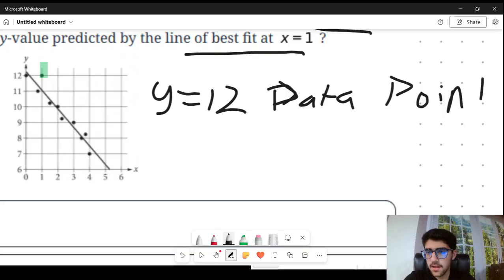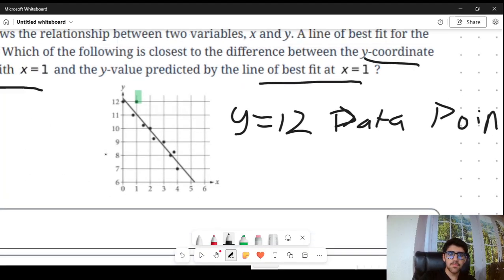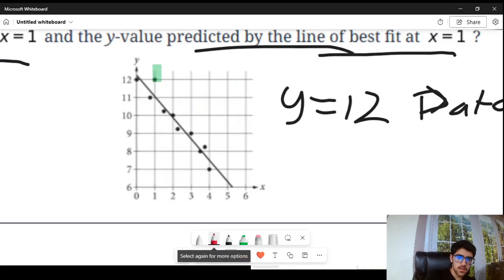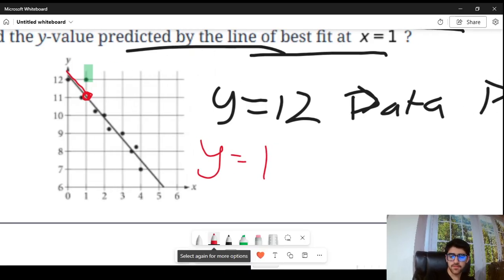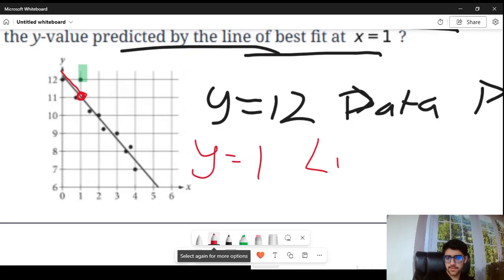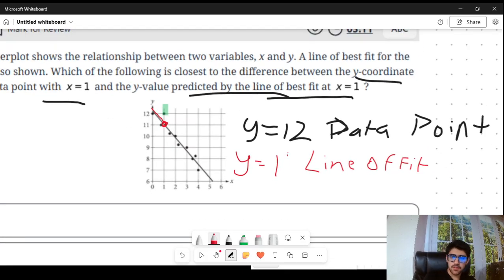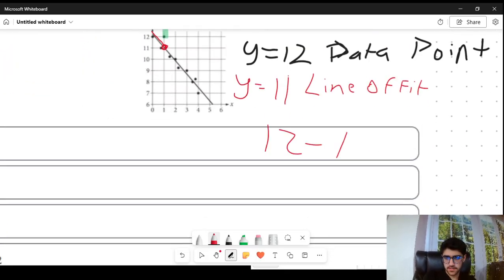And then you look at the one predicted by the line of best fit at x equals 1. So right here, it is at exactly y equals 11. So y equals 11 for the line of fit. So then just 12 minus 11, the difference is 1.